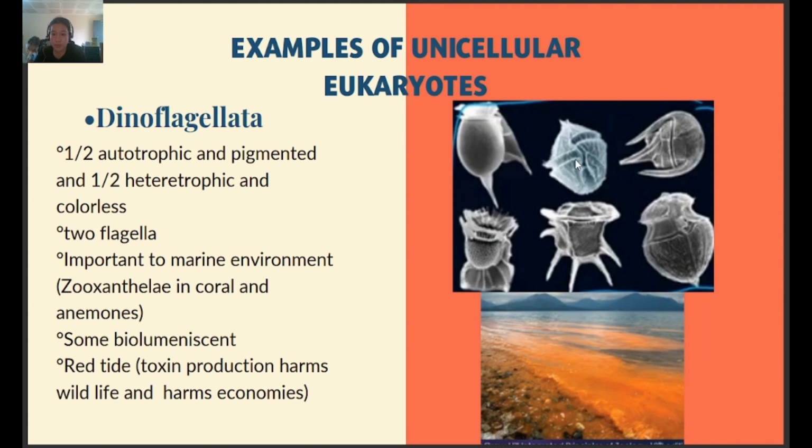They have two flagella and are extremely important in the marine environment. They are the base of the food chain for various marine life, and also important for the survival of coral reefs due to their mutualistic relationship.